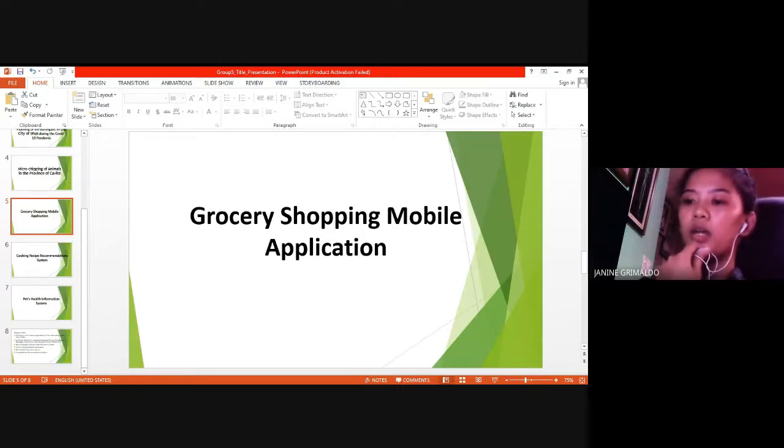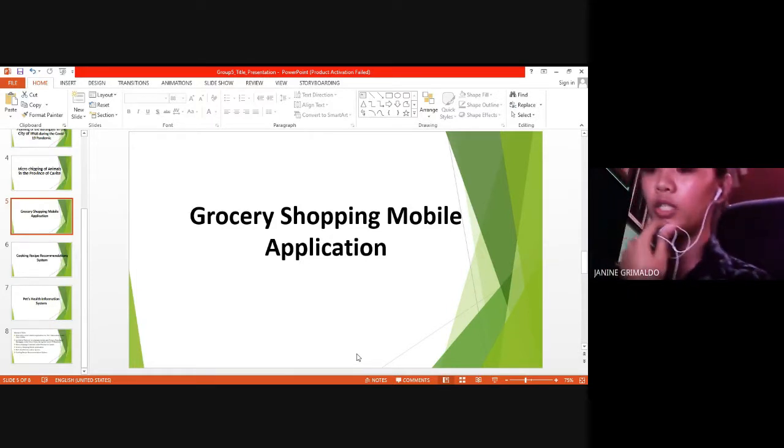They could have a personal shopper, something like Grab, who will deliver their chosen groceries from the stores that they chose.